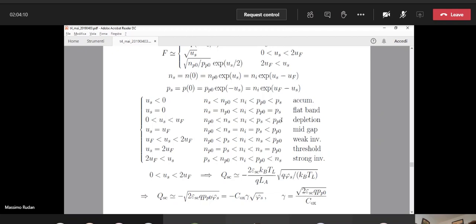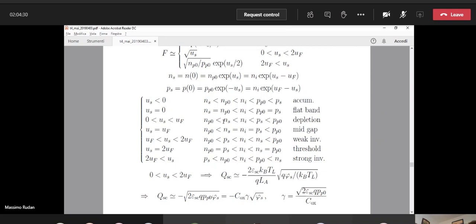the number of holes at the surface, PS, decreases with respect to the asymptotic value because the holes are pushed away from the surface. So there are not so many holes.